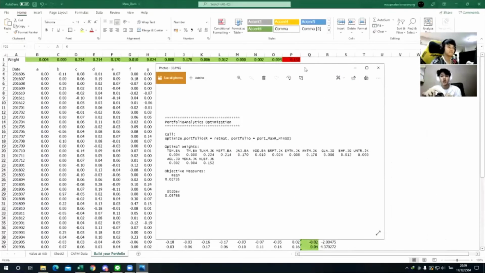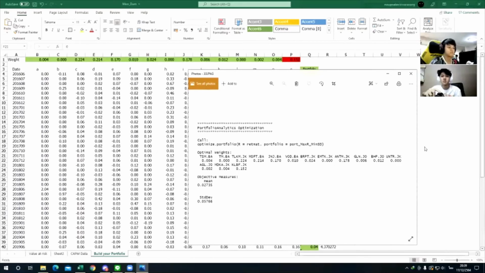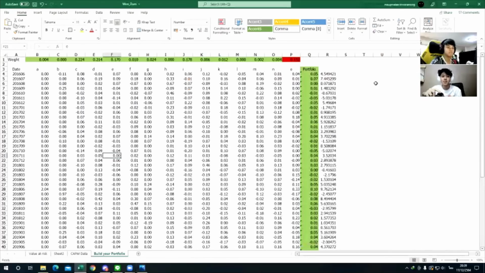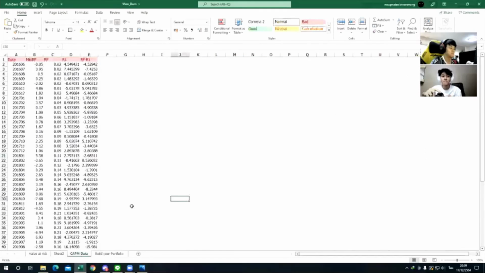We use our weights calculated in our RStudio program to calculate Ri and the formula Ri minus Rf. Then we regress using the regression tool using the market Rf and Ri.